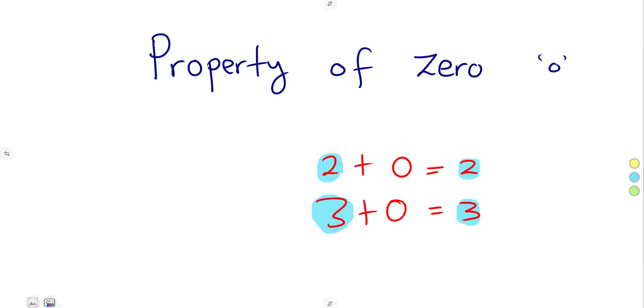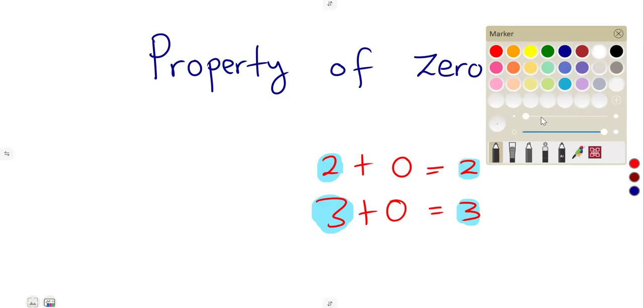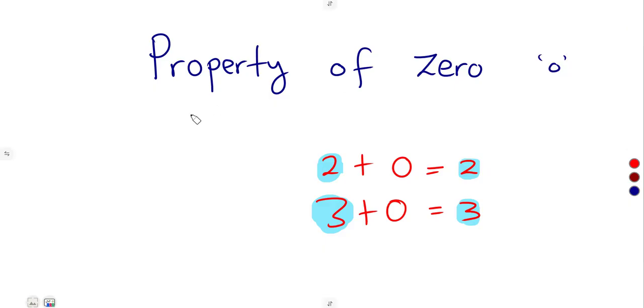All right? So that is what we can put here as our first property for addition.